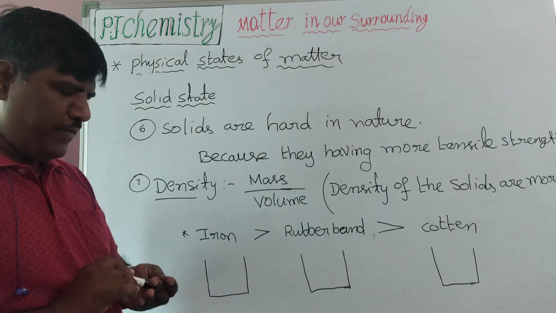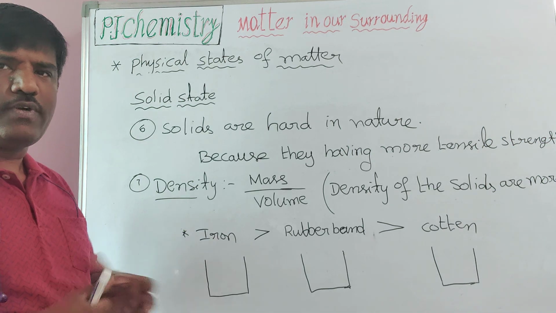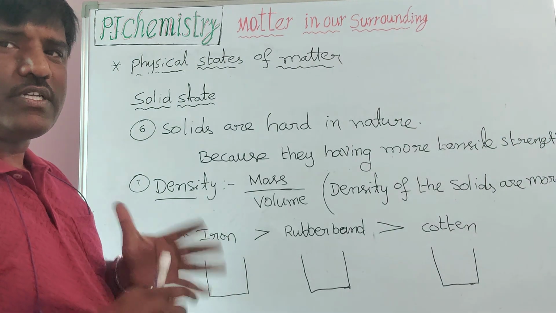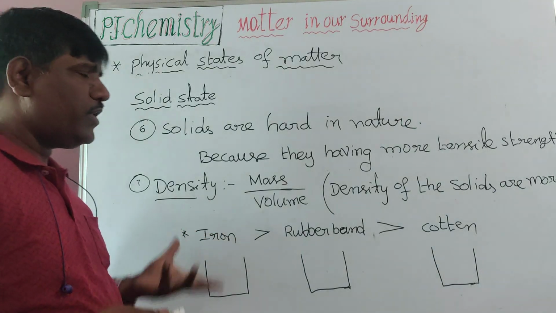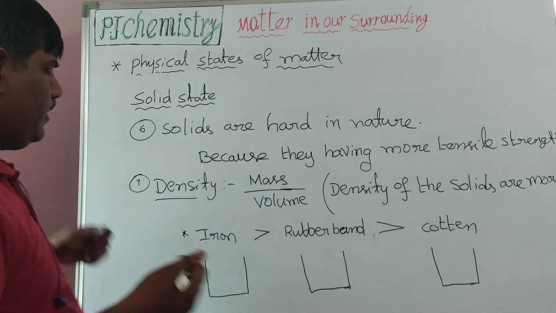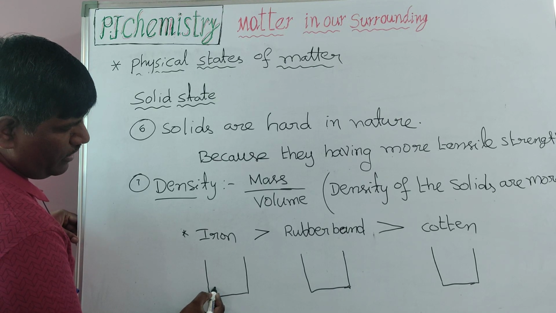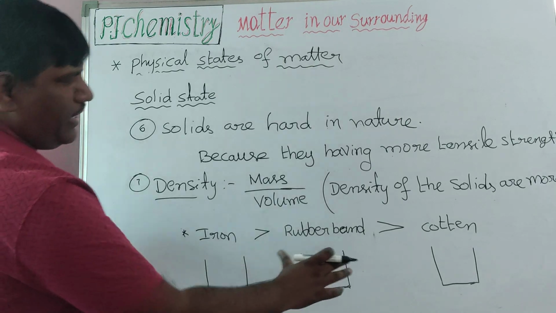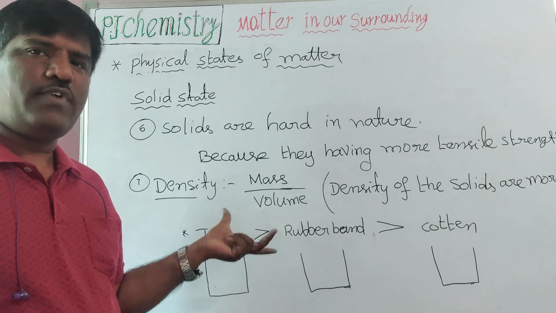As we discussed previously, density is mass by volume. The calculation part may be a bit confusing to us. Is there any simple way? There is one more way we can generally identify it. Take 10 grams of iron, and take 3 containers which have the same volume.